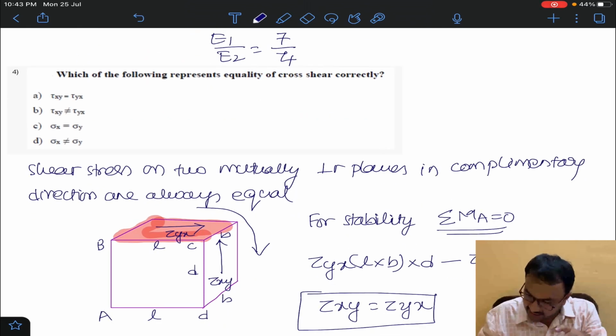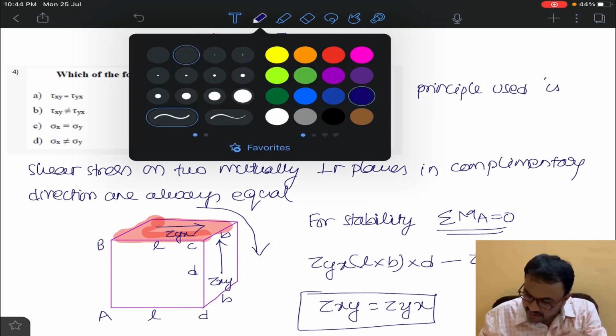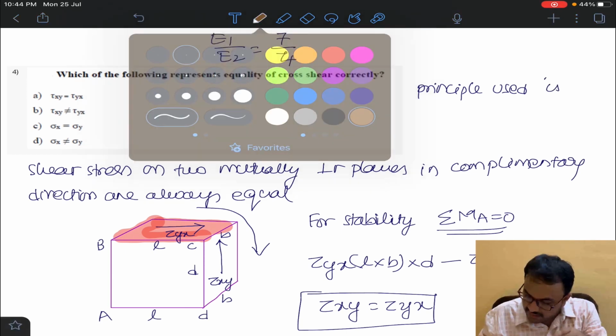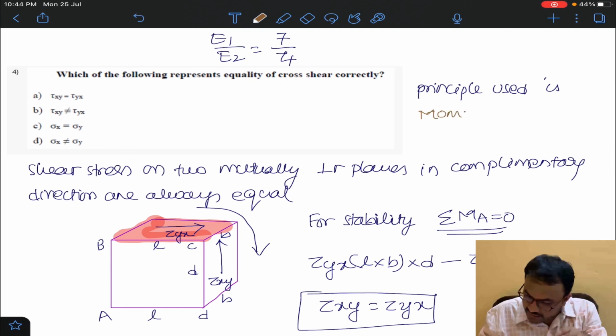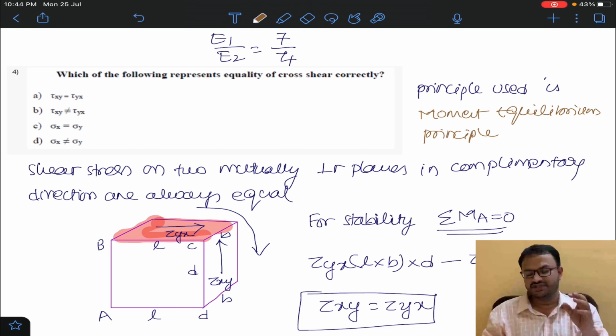I am writing here, principle used is moment equilibrium principle. Very important. This is one more objective question.